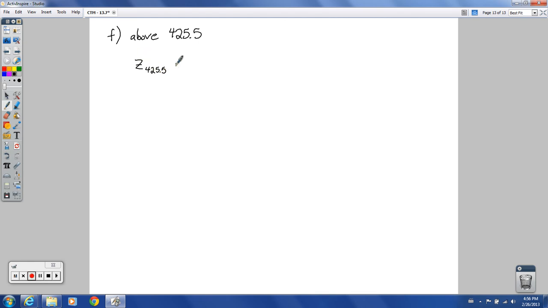So a z and then a subscript 425.5 written lower there. We have this minus 380 over 30. This minus 380 would be 45.5. And if you type that into a calculator, you get approximately 1.52. So this is my z-score.